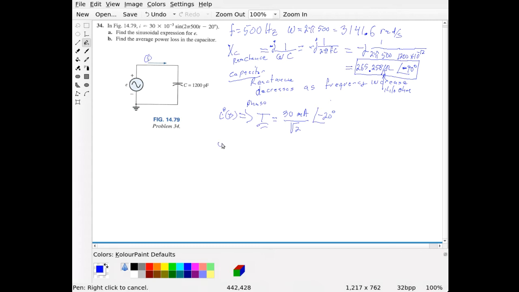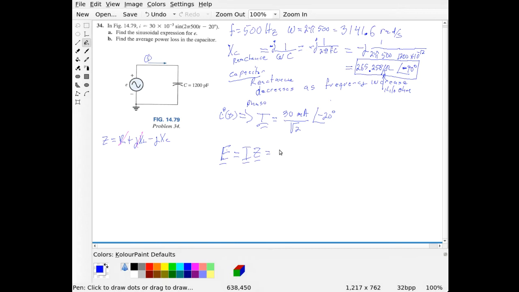So now, if I want to calculate the voltage in phasor form, that would be E in phasor form is Ohm's law, I times Z. Okay, where remember Z, let me write it down again, just as reinforcement. Z is equal to R plus J X of L minus J X of C, right? But in this case, we have a capacitor. We have nothing else, so we're just looking at this part.